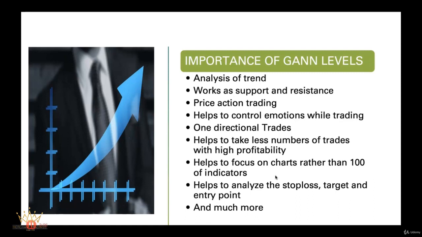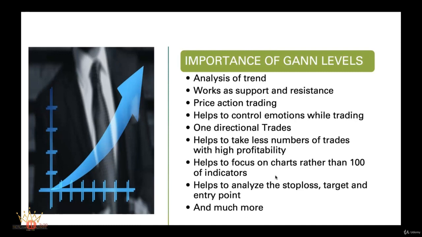The next point tells us it helps to control the emotions while trading. What happens here? If you place the Gann level, it is only going to be two lines. So if the market crosses it according to our rules and conditions, we place our trade. Daily we are going to get only one or two trades.